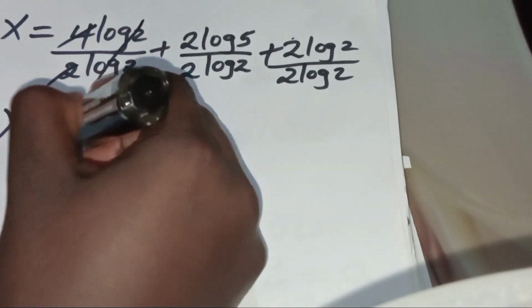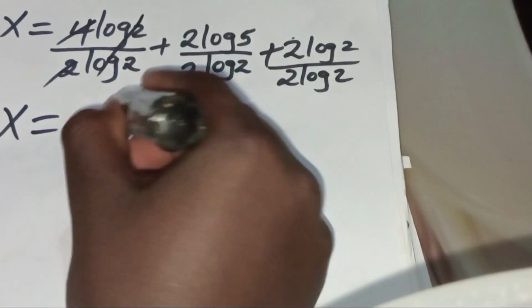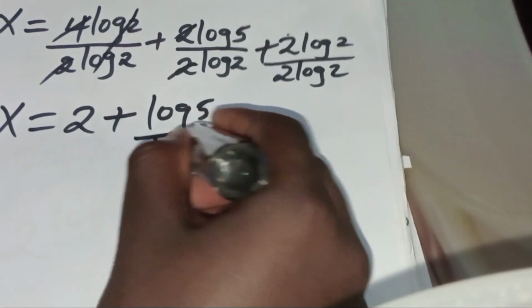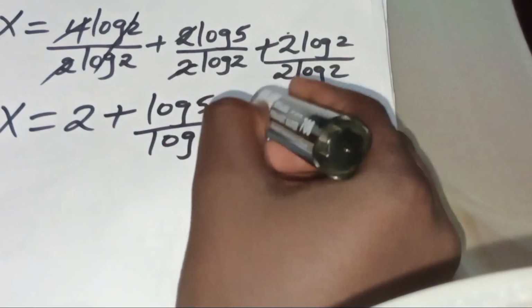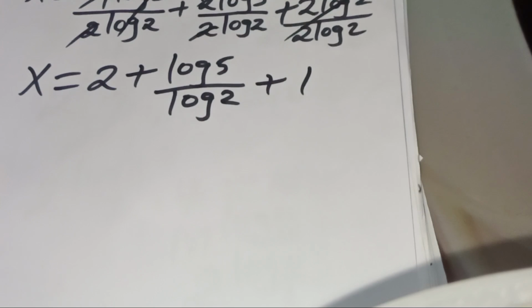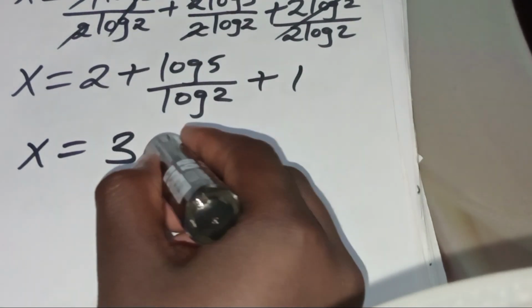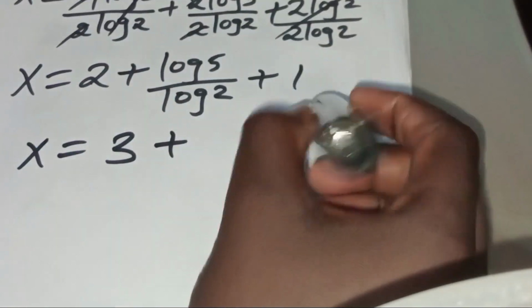So x is equal to 2 plus log 5 divided by log 2 plus, now here we simplify, this is 1. So the value of x is equal to 2 plus 1, which is 3, plus log 5 divided by log 2.